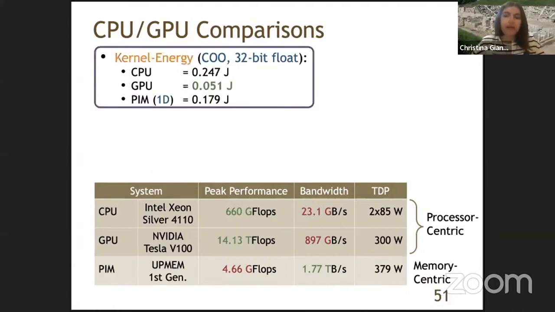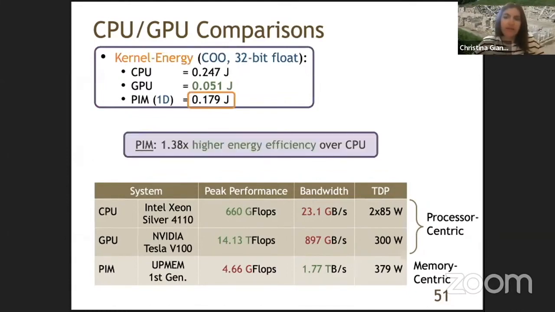And regarding the kernel SpMV energy, we find that the GPU provides the highest energy efficiency, while the 1D partition kernels can provide better energy efficiency on the SpMV compared to the CPU system.